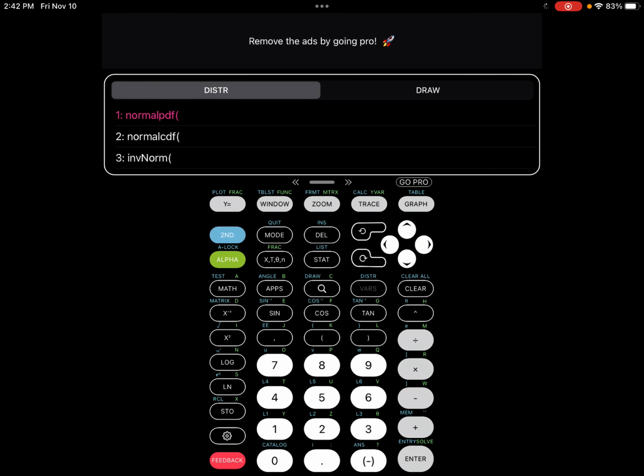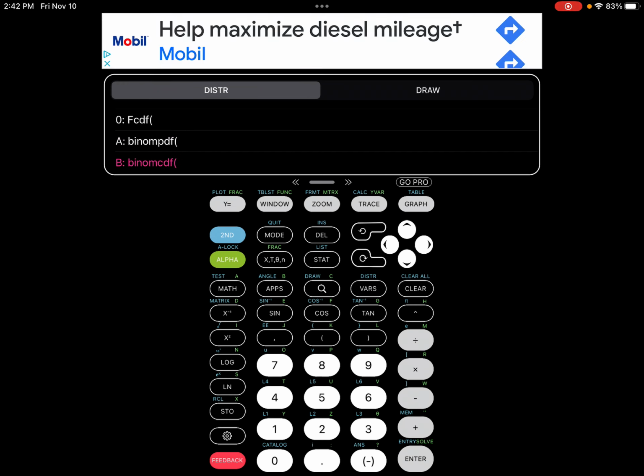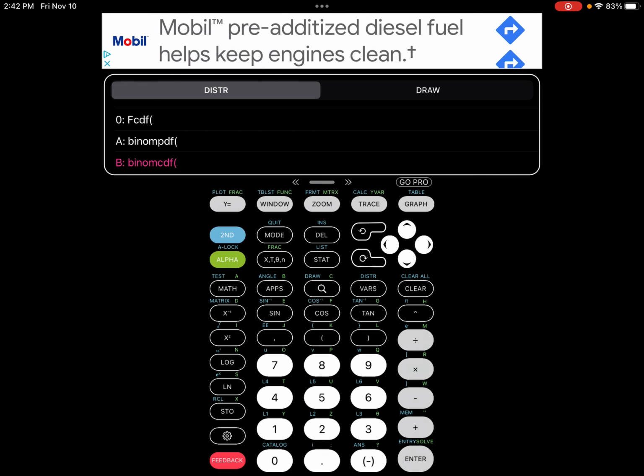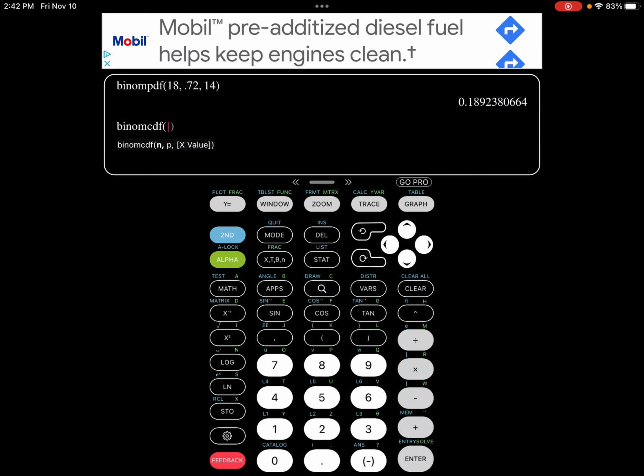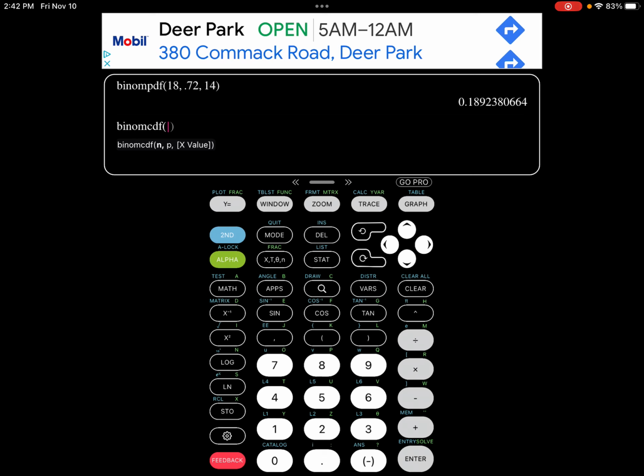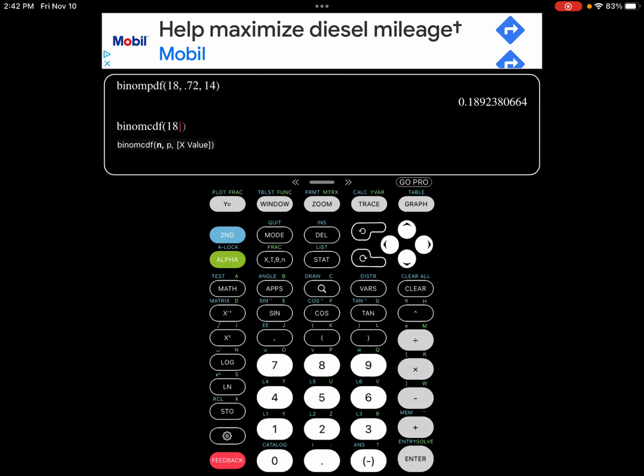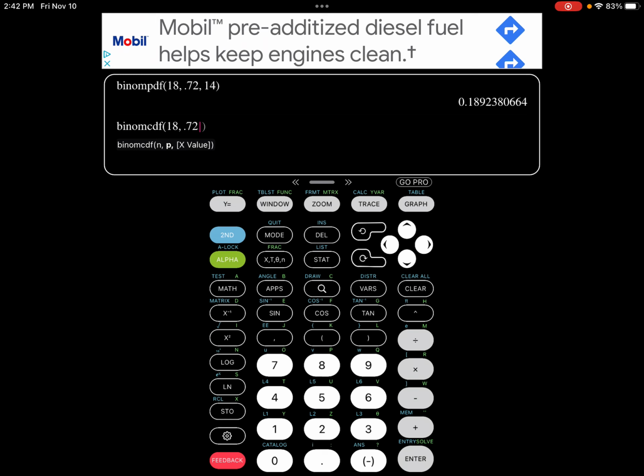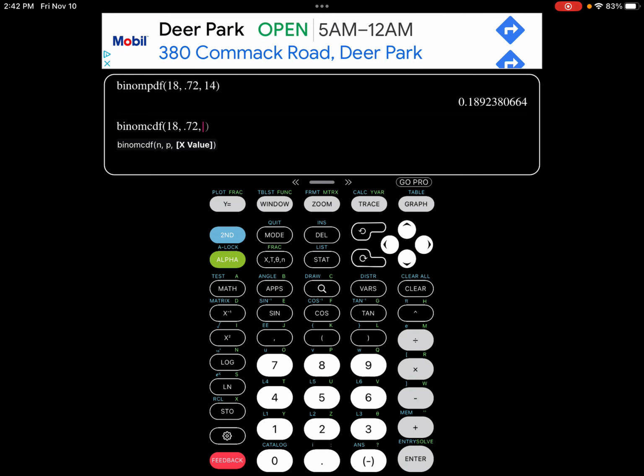When we hit second to get to the distribution menu, choice A was binomial PDF, choice B is binomial CDF. And again, we're going to input the same values as we did before for n, and then the probability of success for each individual trial, again, same as before.